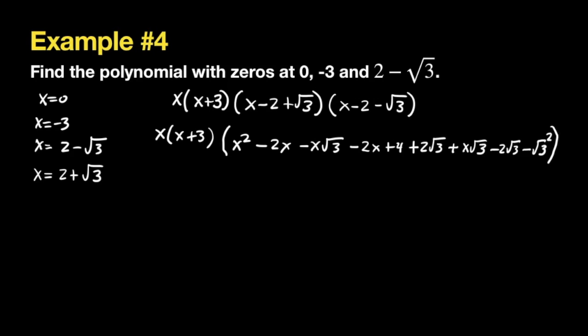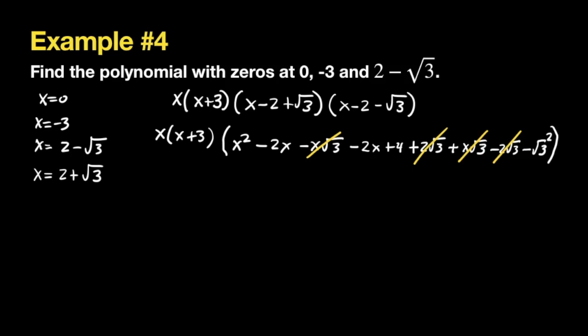You're going to start canceling things out. So anything with a root 3 needs to cancel out. This one cancels with this one. This one cancels with this one. And we know that the negative root 3 to the second power is going to give you a whole number.